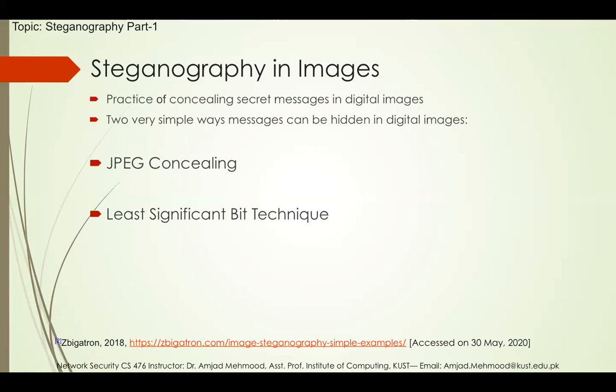If that image is received by an intruder or a malicious user, he will not be able to recognize what information is stored inside it. There are two very simple ways messages can be hidden in digital images: JPEG concealing and the least significant bit technique.